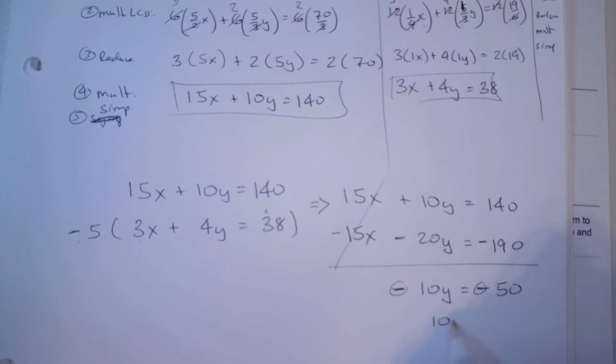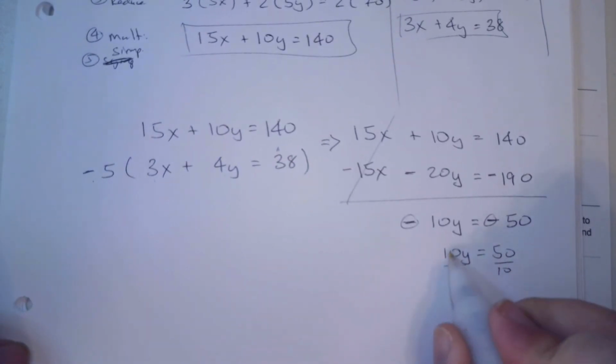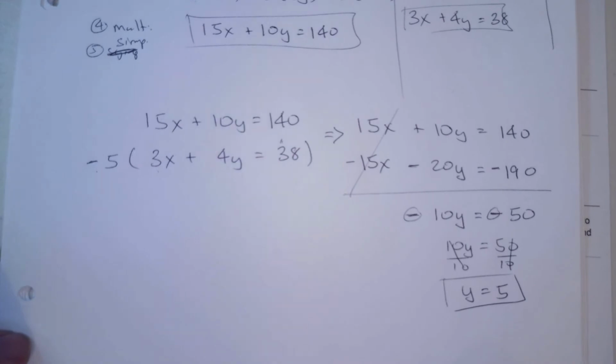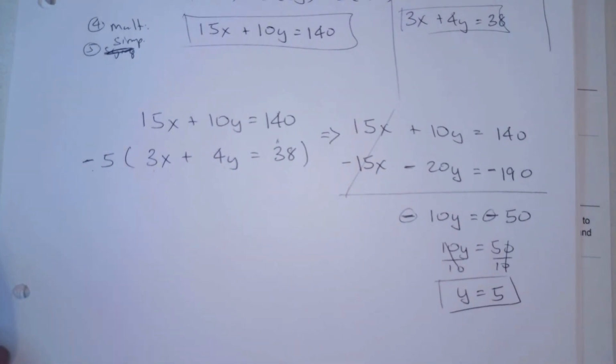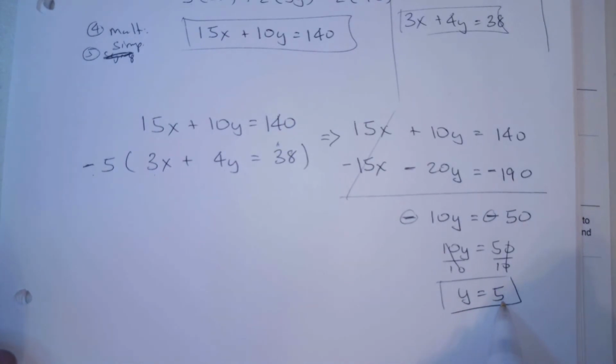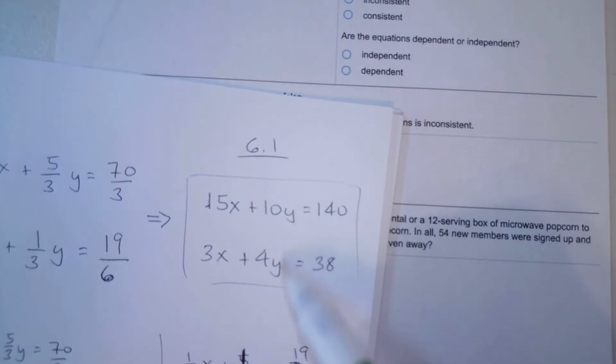Change the signs and divide by 10. So the zeros cancel, so y equals 5. Now that y equals 5, I can go back to either one of these two equations. I'll use this one since I cleaned them up.